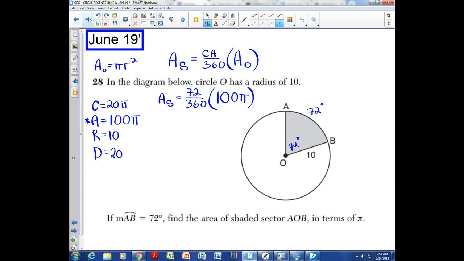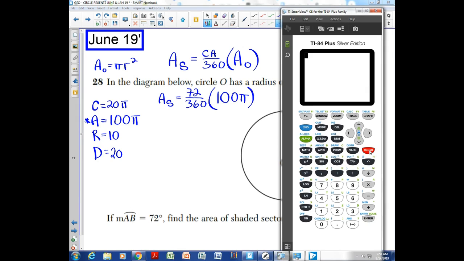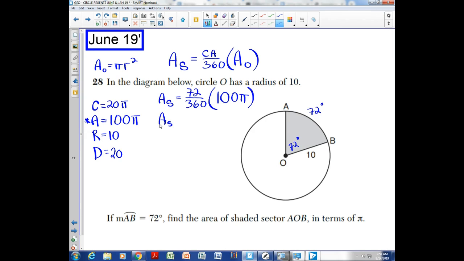Now, it's not necessary to simplify your fraction here before we multiply this in our calculator. However, if you do want to understand a little bit better what's happening here, if you take the 72 degrees and divide it by 360, and you go to the math button, hit enter twice, which automatically simplifies it, you'll realize that really what we're doing here is asking ourselves, what is 1/5 of 100 pi?